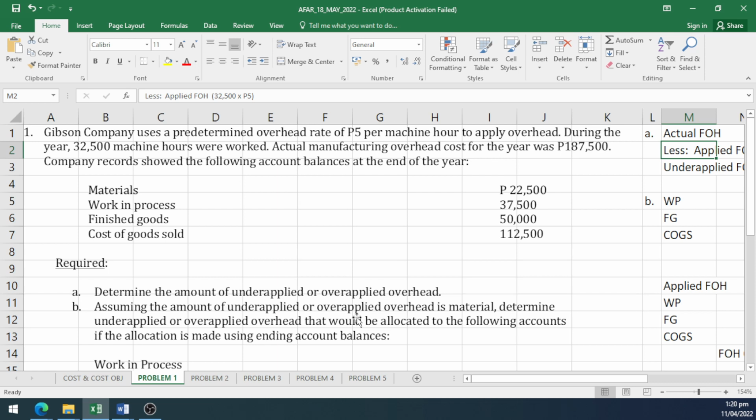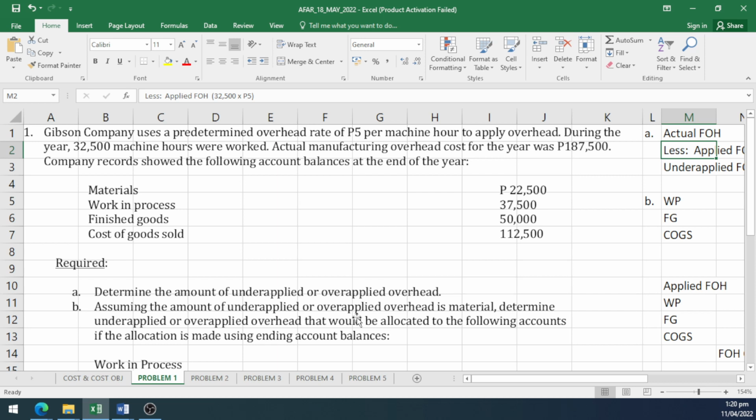Incurrence, recording actual factory overhead, to apply overhead, then to close over or under applied factory overhead, either by closing it to cost of goods sold or by allocating it to finished goods, work in process, and the cost of goods sold. As to which method, that will depend on the significance or materiality of the over or under applied factory overhead. But the default method there is the cost of goods sold.